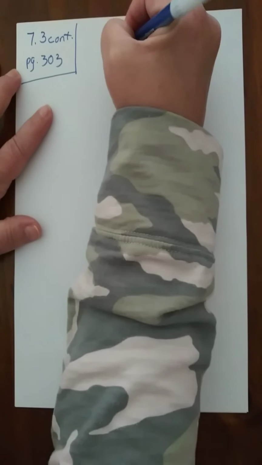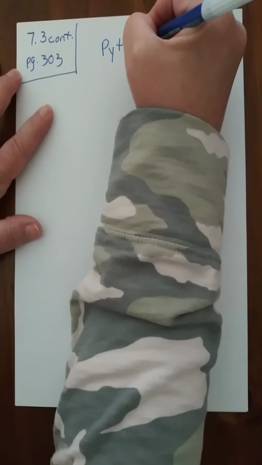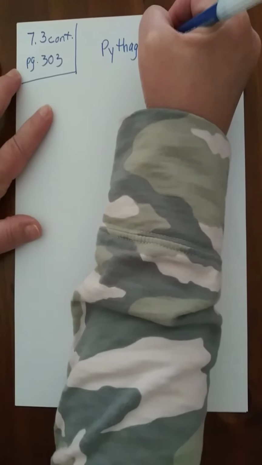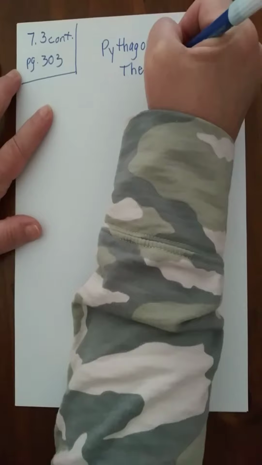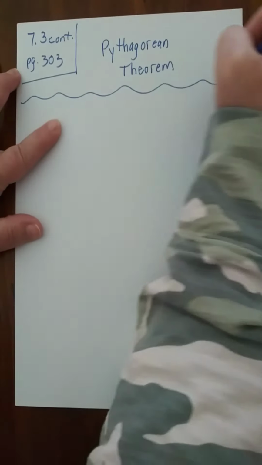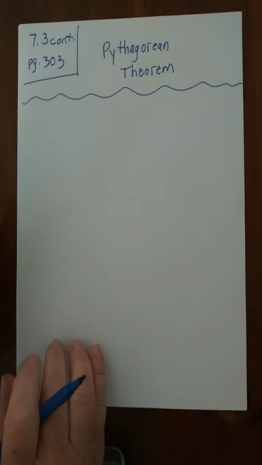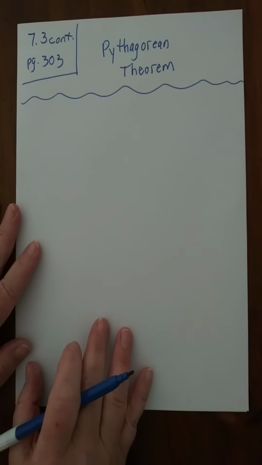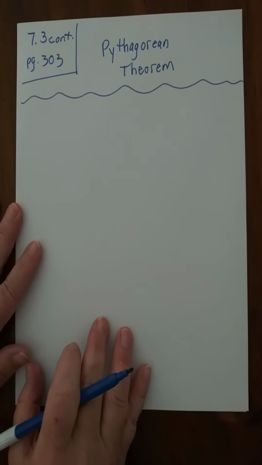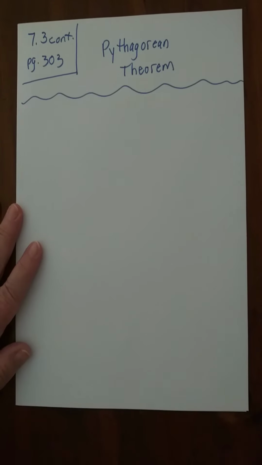We're continuing with Pythagorean theorem, so let's label that. On Monday, we learned what the Pythagorean theorem is. It's basically a new math rule that helps us work with right triangles. And on Monday, that lesson helped us find the measure of a missing hypotenuse.